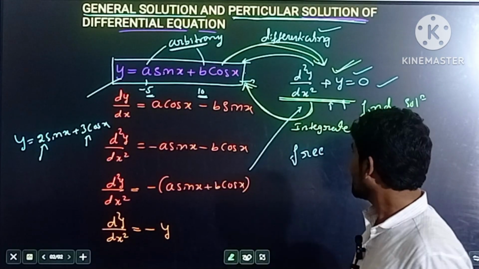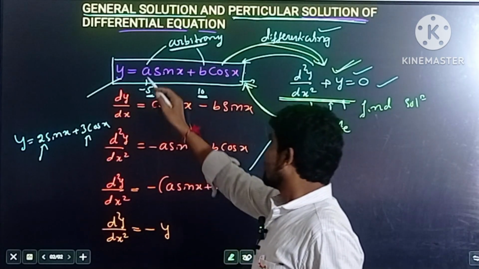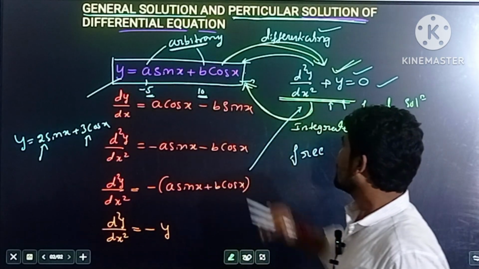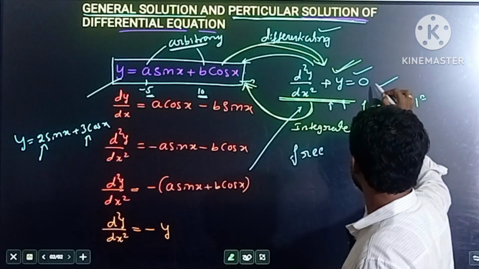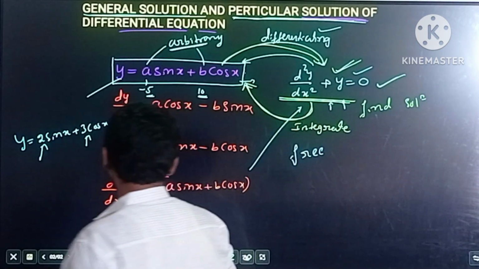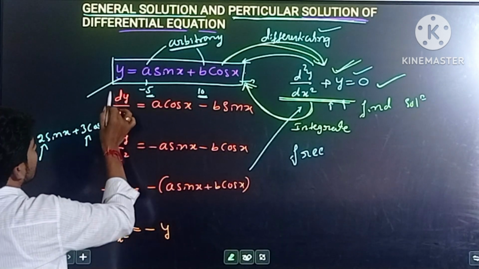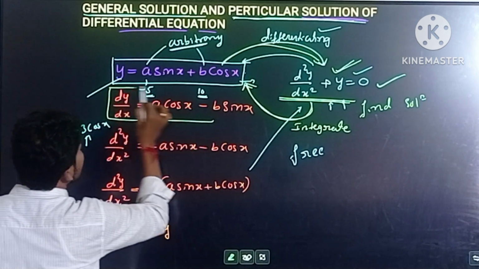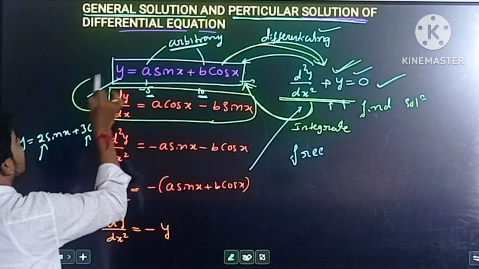And one more thing I would like to discuss here. Here the function is y equals a sin x plus b cos x, and the differential equation is d square y by dx square plus y equal to 0. So why do we not call dy by dx the respective differential equation of this y?